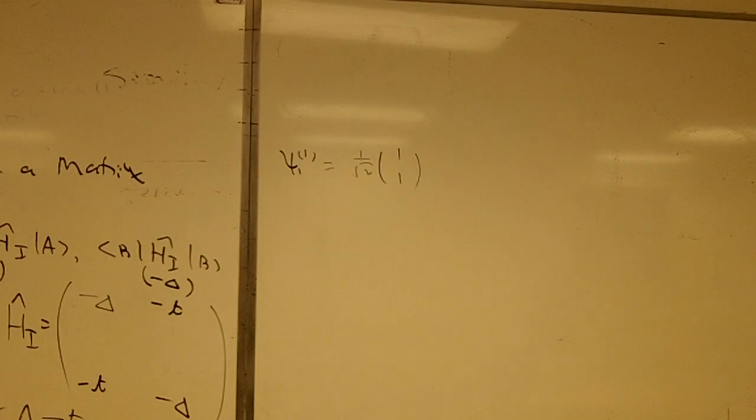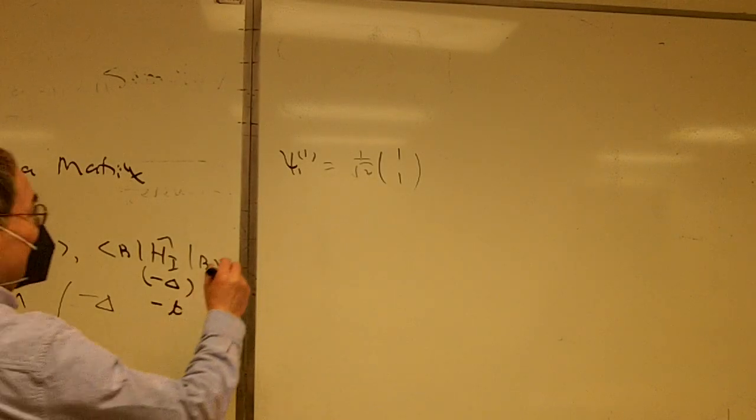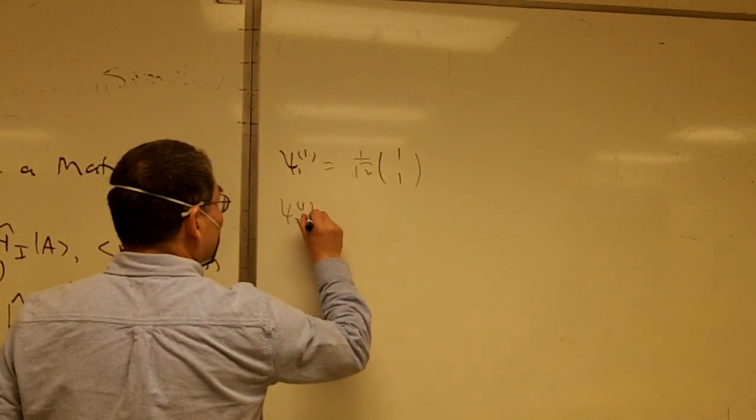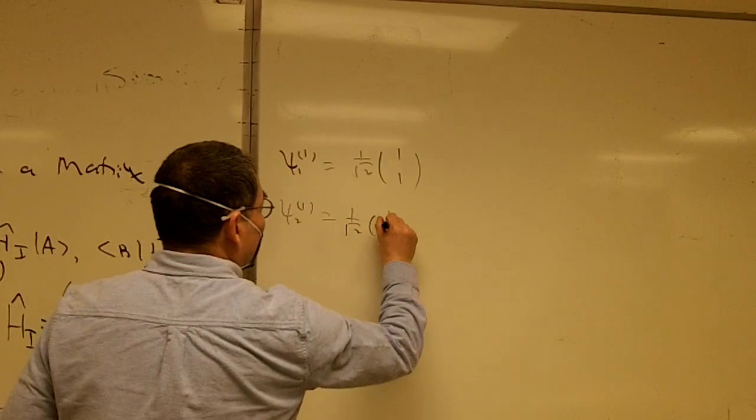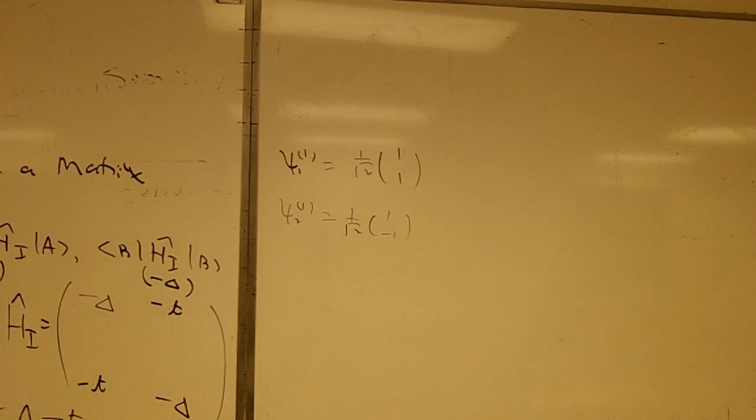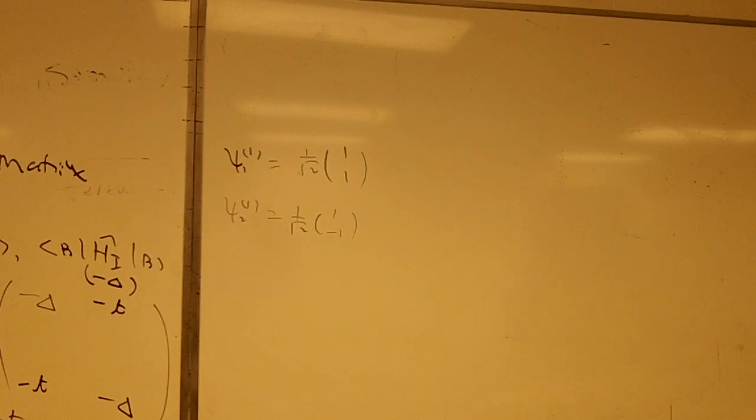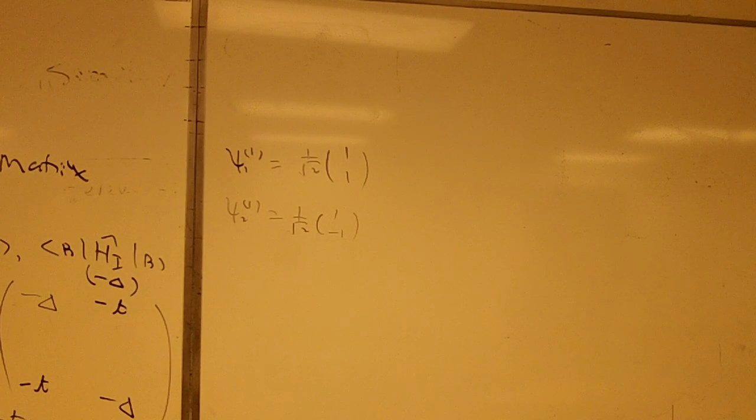So this is my first wave function. The second wave function is 1 over square root 2, (1, minus 1), like this. These will be the two wave functions which we have. And now we are at the end of it. In other words, we found everything that we needed in order to get the results in this case.